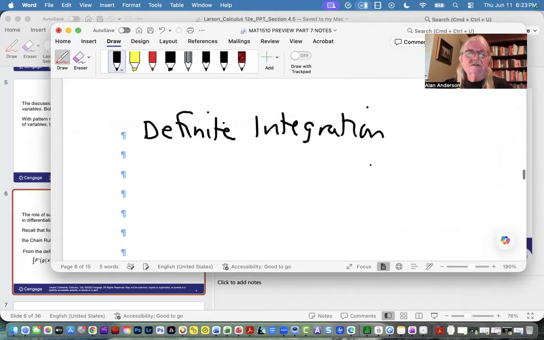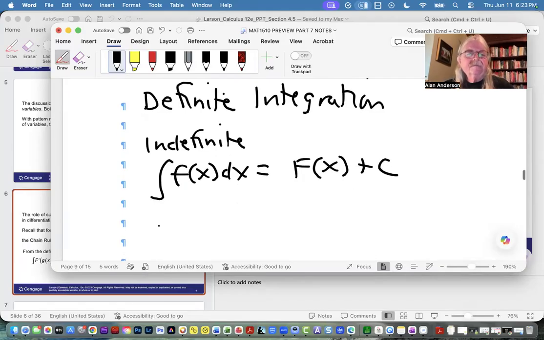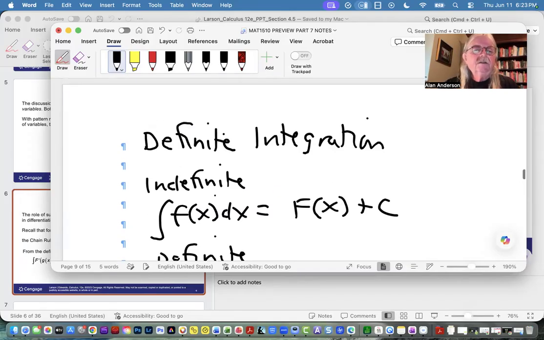All right, so in other words, indefinite looks like this, whereas definite looks like this.